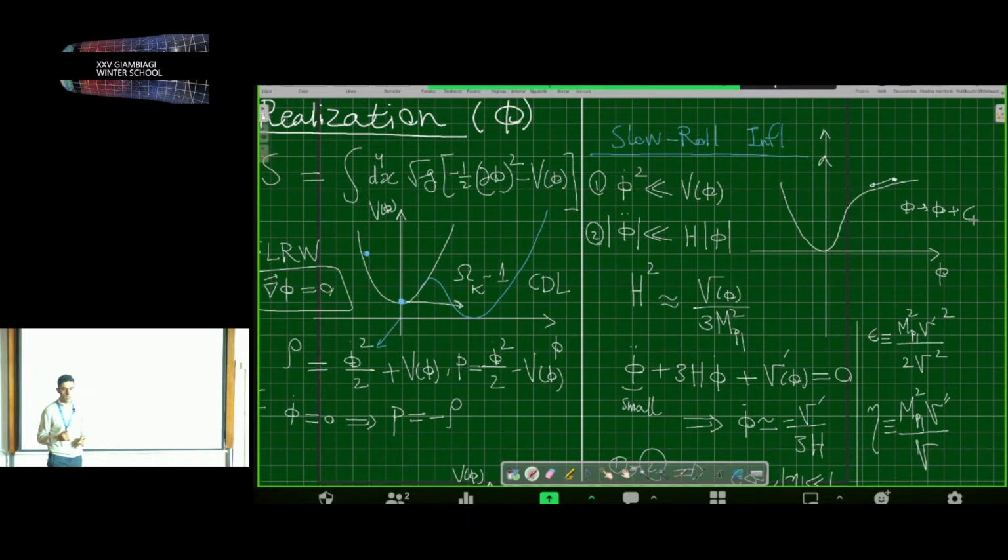Yes? Must the potential always depend on phi squared, or can we choose another type of dependence? Like the one that I drew is not symmetric under phi to minus phi. No, I don't think it has to depend on phi squared.